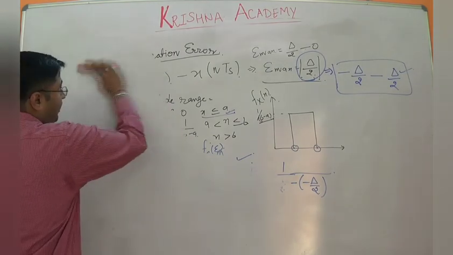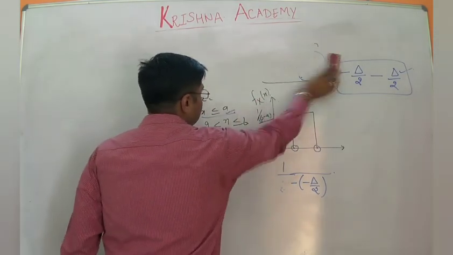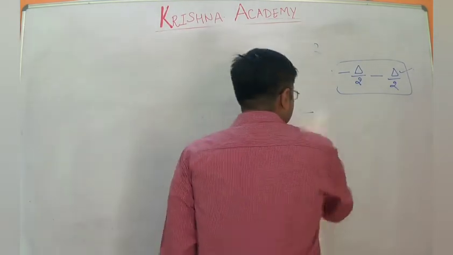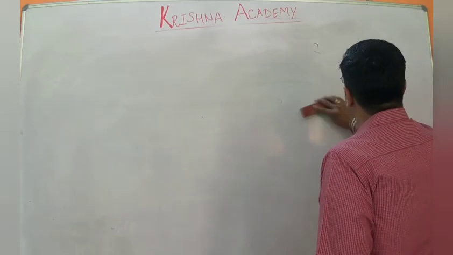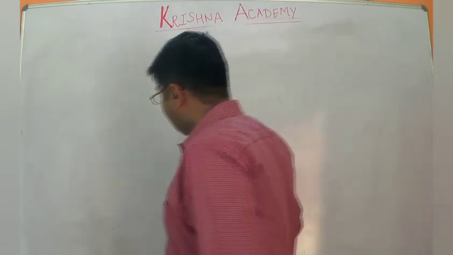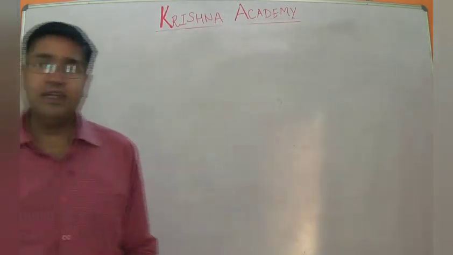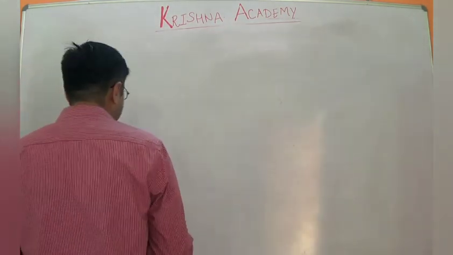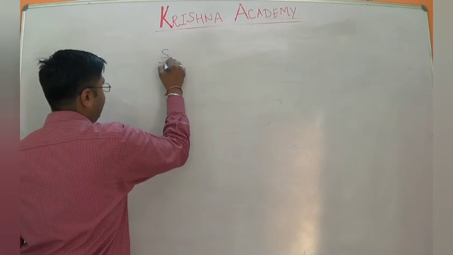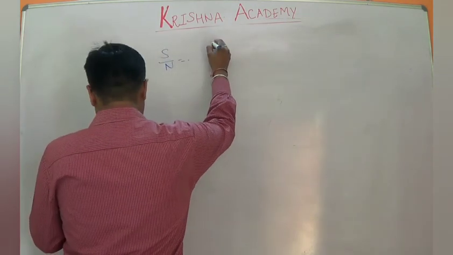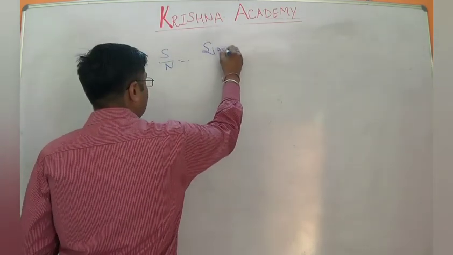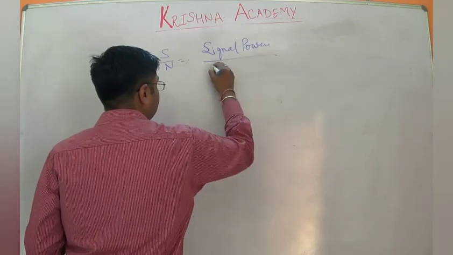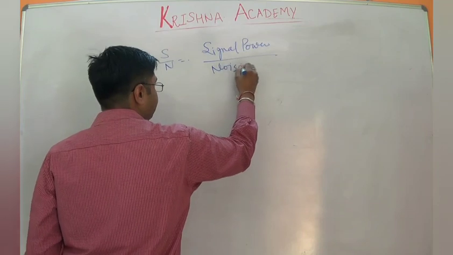Now we are calculating this SN ratio, signal to noise ratio. Whenever we have this signal, there will be a noise part and there will be a signal part. So how much is this? Whenever we are talking about SN ratio, it is signal power upon noise power.